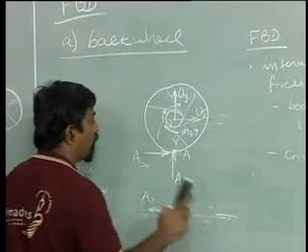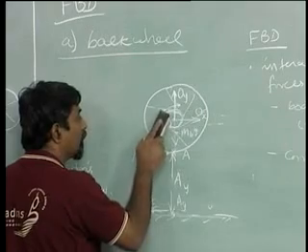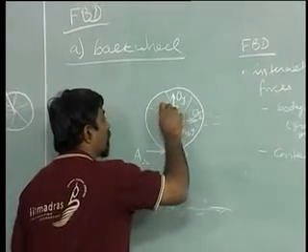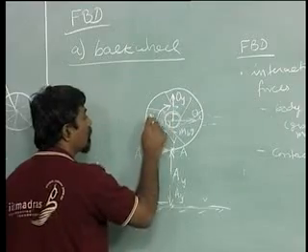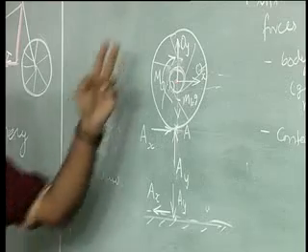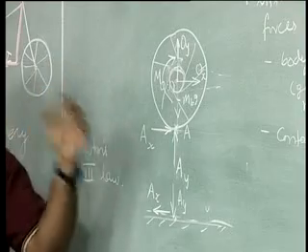One other way of representing this is we remove all this, put them together as a moment acting on it, okay, and let us call this M acting at O. This completes the free body diagram of the back wheel.